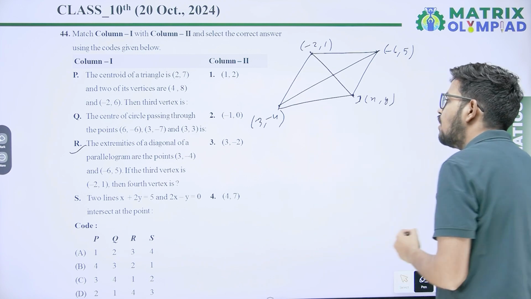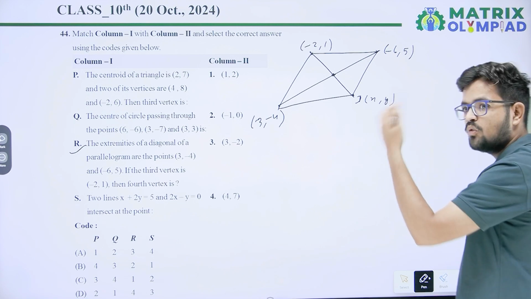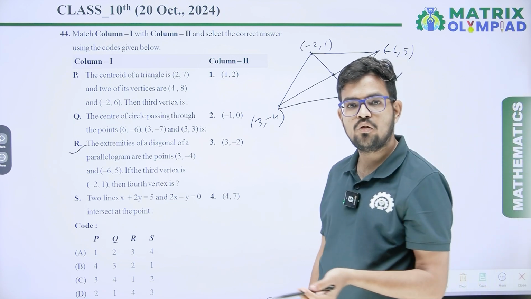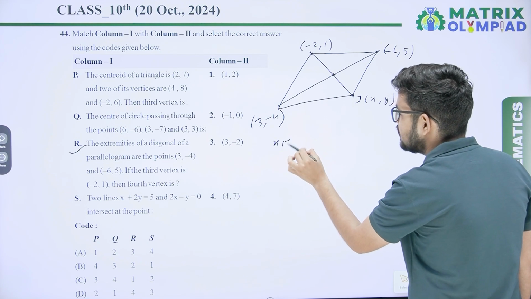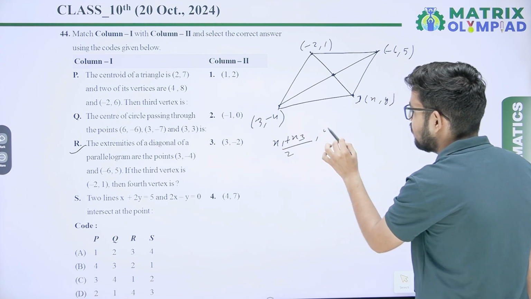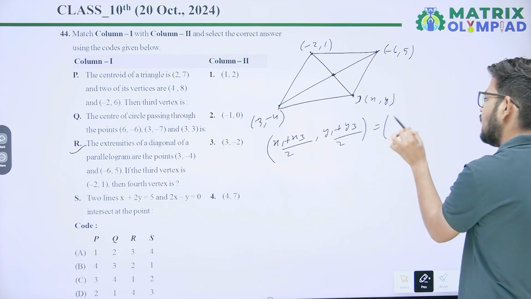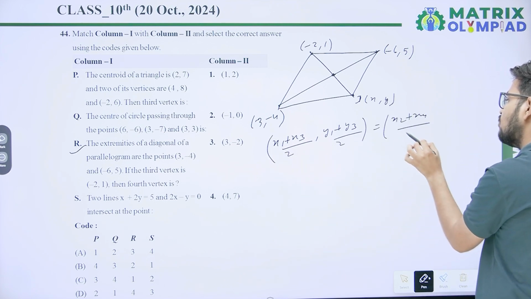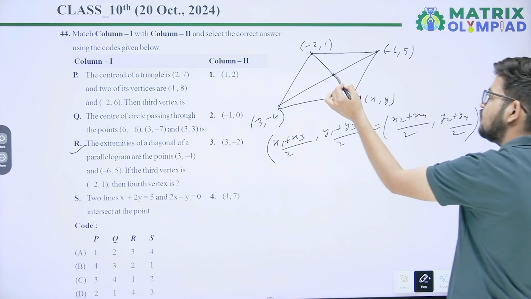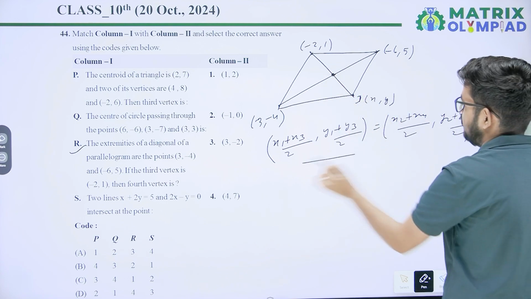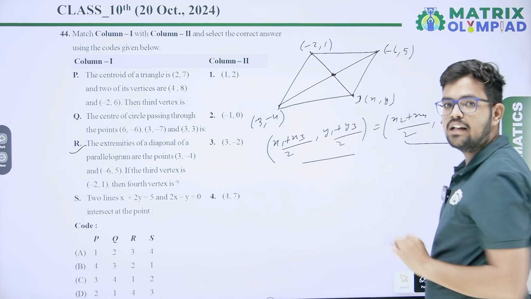The diagonals of a parallelogram bisect each other. If (x1, y1), (x2, y2), (x3, y3), (x4, y4) are the vertices, then ((x1 + x3)/2, (y1 + y3)/2) equals ((x2 + x4)/2, (y2 + y4)/2). Why? Because in both cases these are the midpoint of the diagonal.